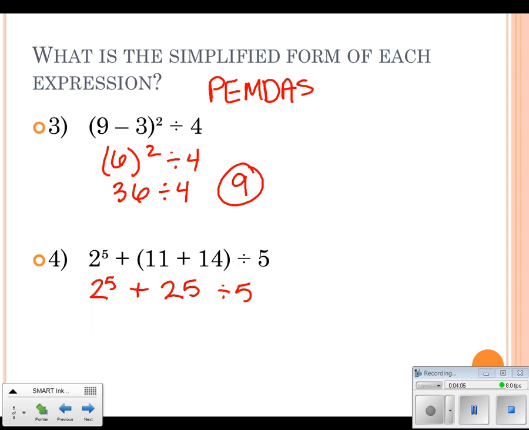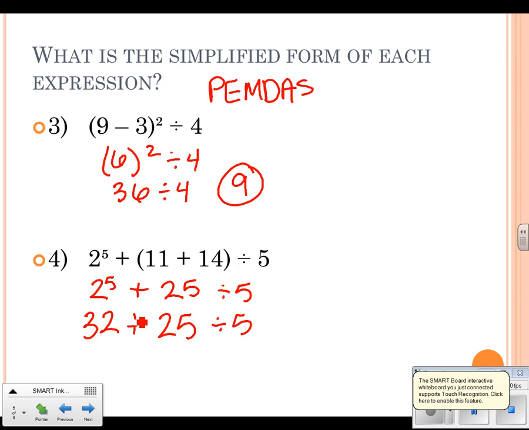I'm looking at our other problem here. It's 32 plus 25. And the board is not letting me write. There we go. Plus 25 divided by 5.